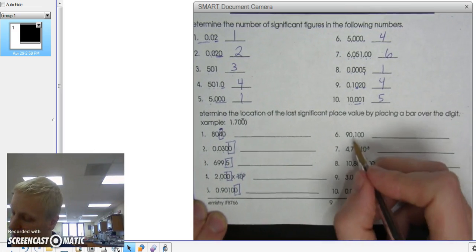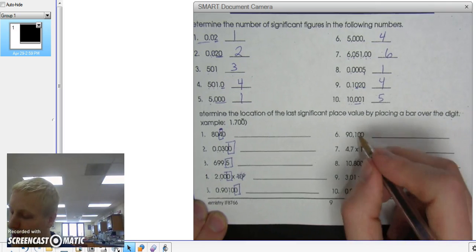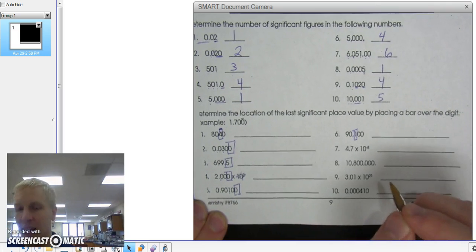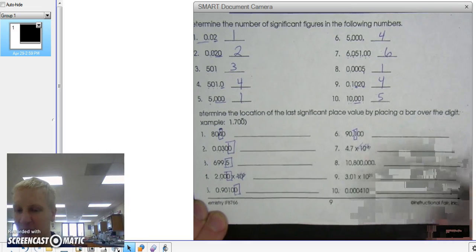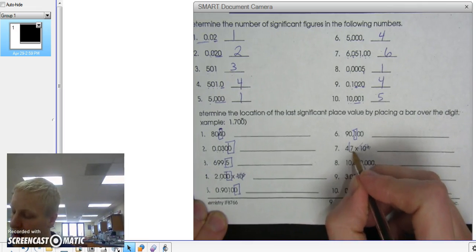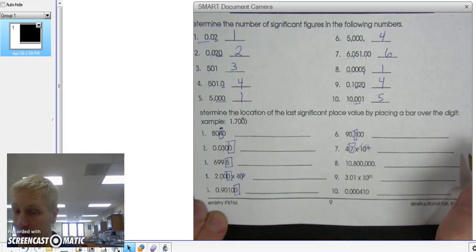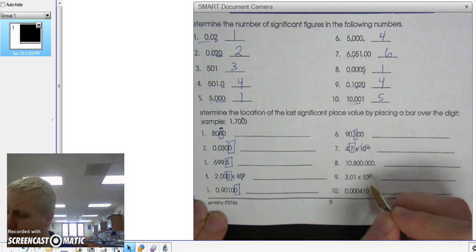Moving on to this, 90,100. These zeros are after a sig fig but not after a decimal. So this 1 is the last sig fig. 4.7, again, times 10 to the negative 8. Not significant. These two numbers, 4 and 7, are, so I'm going to box that 7, the last significant figure. Next, that's not 10,000, that's 10,800,000. But there's a little decimal point.